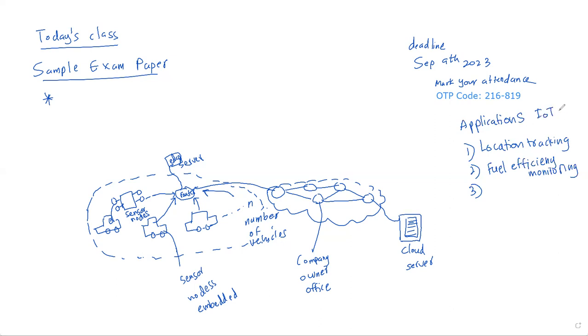These are the kind of services that we can try to achieve from our IoT network. Then we can also do predictive maintenance, which means that we can predict the time at which we need to do the maintenance of the vehicle. Based on these applications, we need to select the type of computing technology.